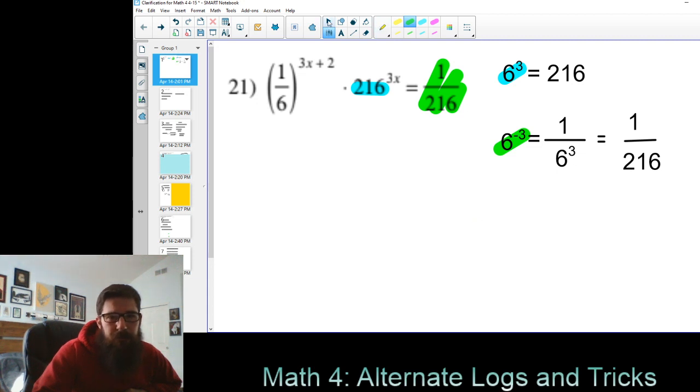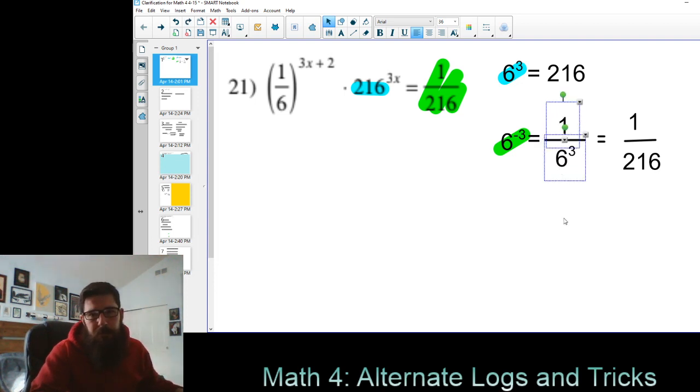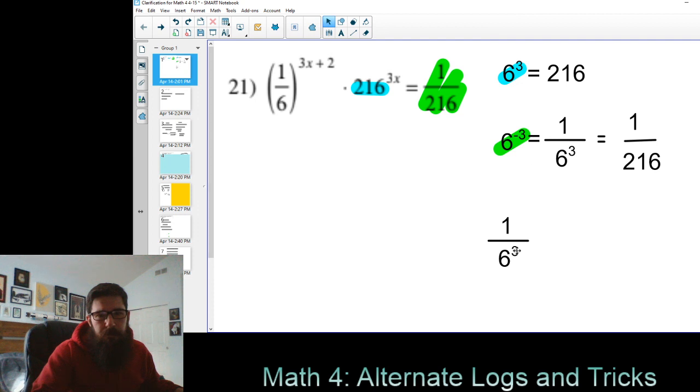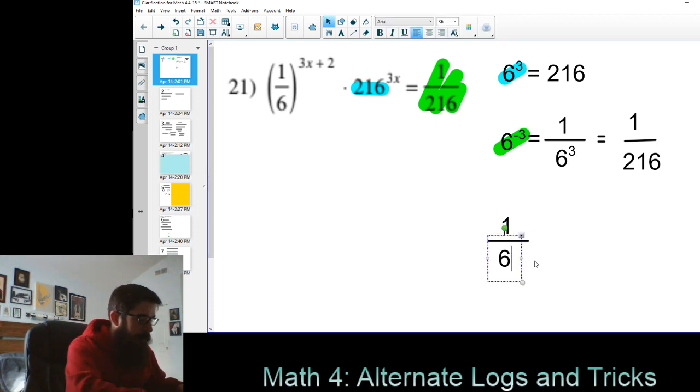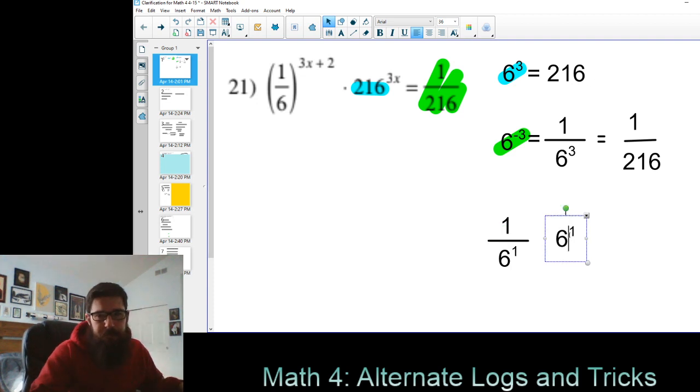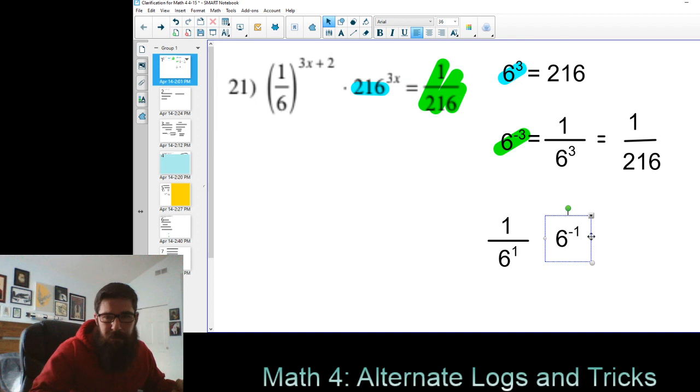And then if we build further off of that, how could I rewrite this piece, this 1 over 6, with the exact same base? 1 over 6 is the same as 1 over 6 to the 1st. Six to the negative 1.